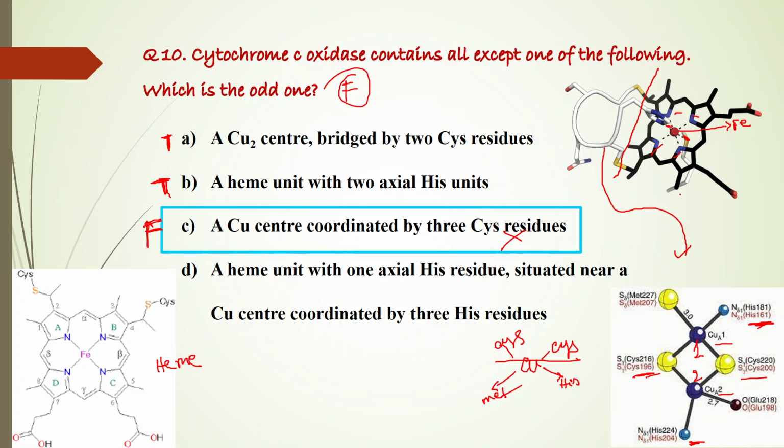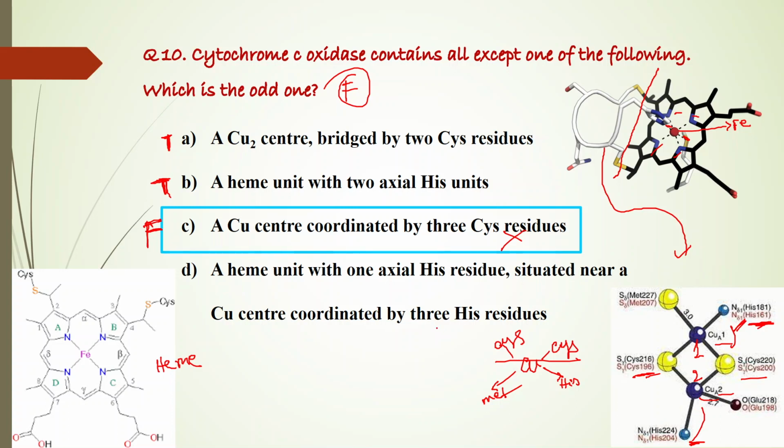Yes, this heme moiety does have 2 histidine residues on its axial position, but the copper centers that they are coordinated with, each of them has a single histidine residue connected to it. Just look at copper 1 here. Copper 1 has 1 histidine residue coordinated to it, and copper 2 also has 1 histidine unit attached to it.